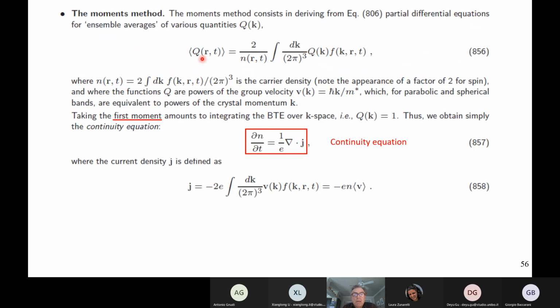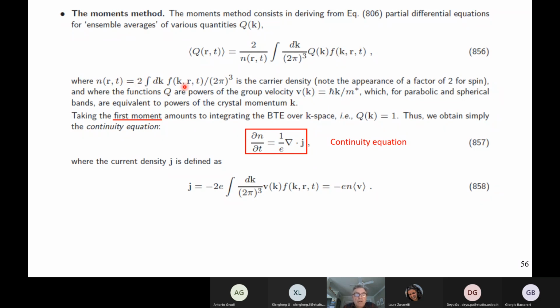So again, the moments method means that, rather than ask for the full information given by the distribution function, I will look for the ensemble average of some physical quantity, Q of k, whatever. So I take the Fourier transform of this, and I look at the expectation value over this probability distribution function of this quantity. Here I will normalize from now on the distribution function to the density.